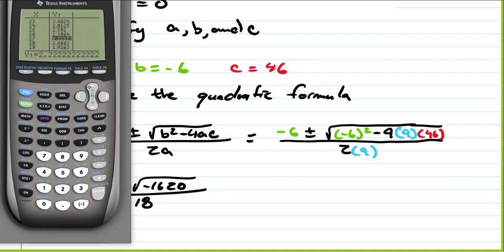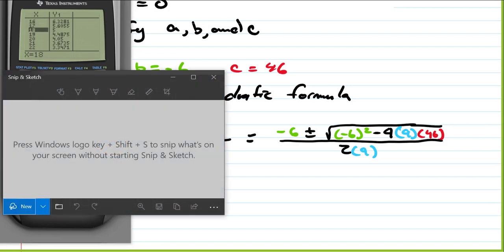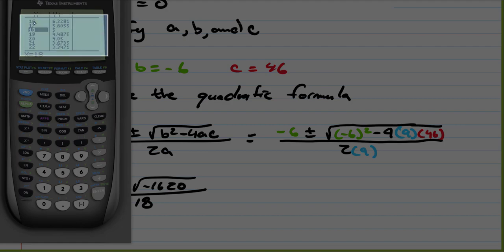So here, and then we have to scroll back up until we find the first whole number. So we go back here in the y column, we keep scrolling up, and there we go. So we find that the first whole number in the y column happens right here.